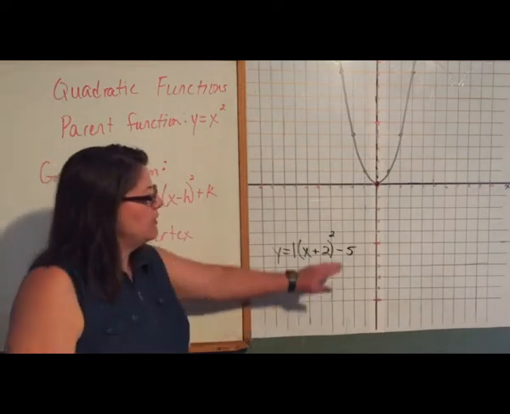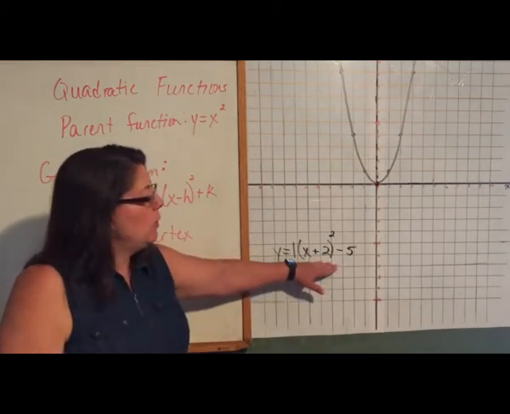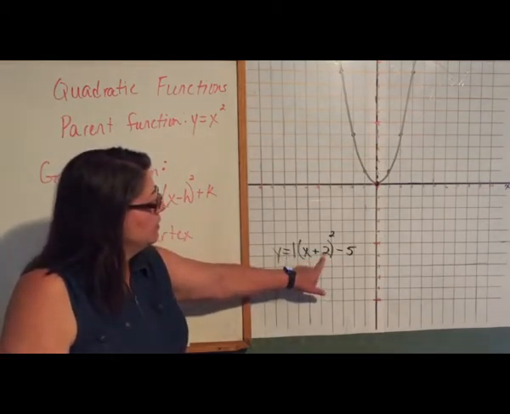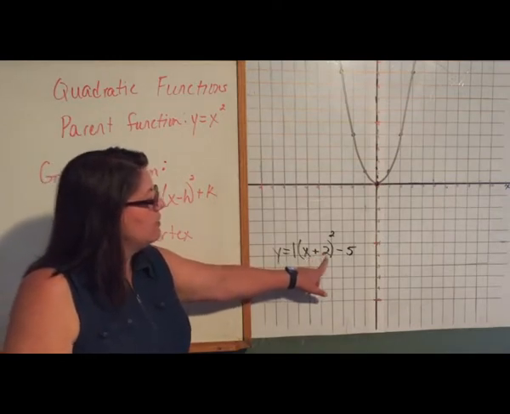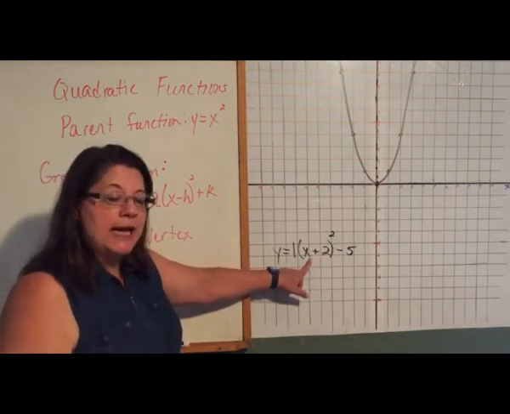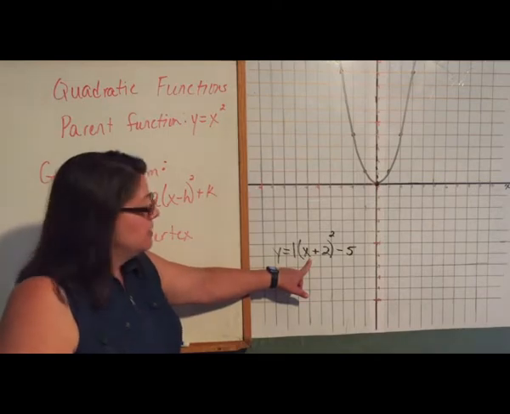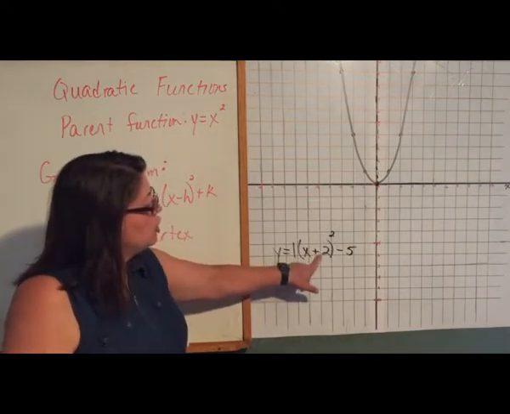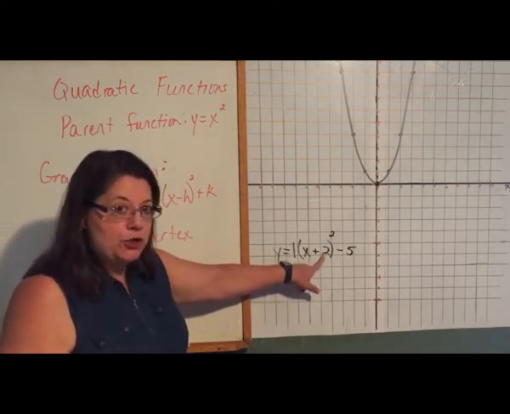When we were doing this in chapter 1, we said that the number that's inside tells us whether to move right or left, and it's opposite of what you would think. So this plus 2 is telling me to move left 2.